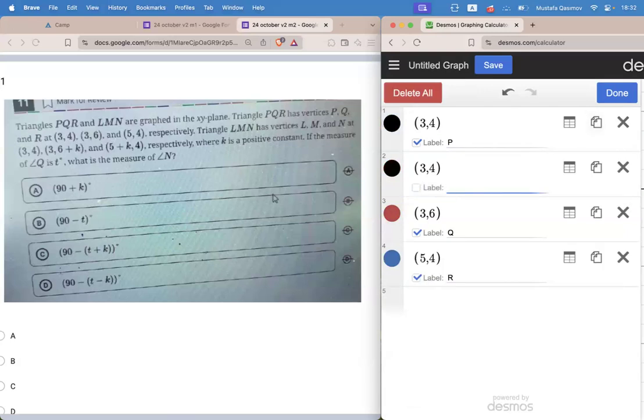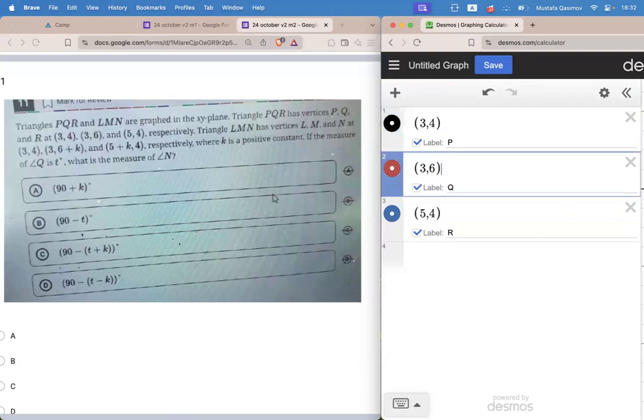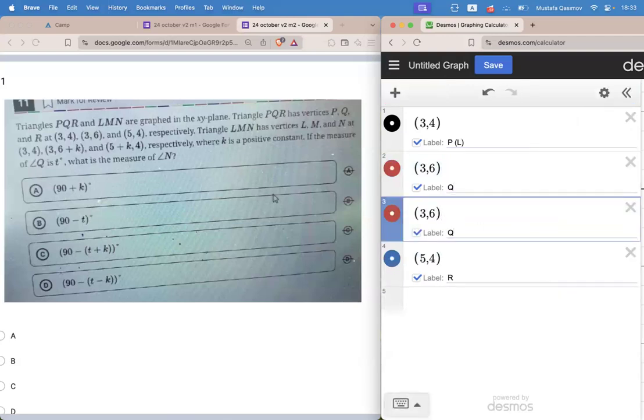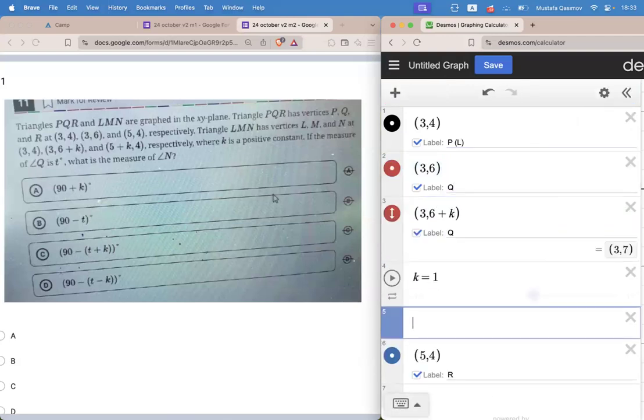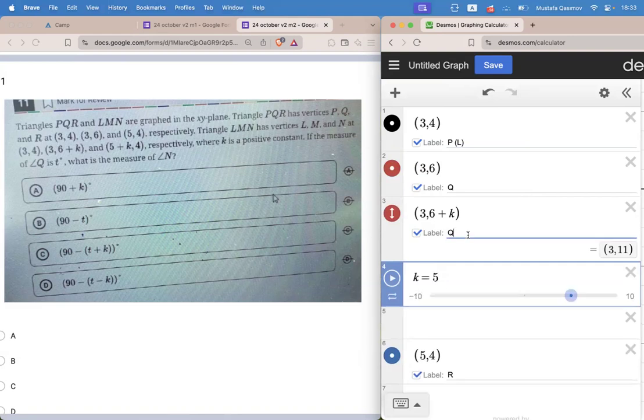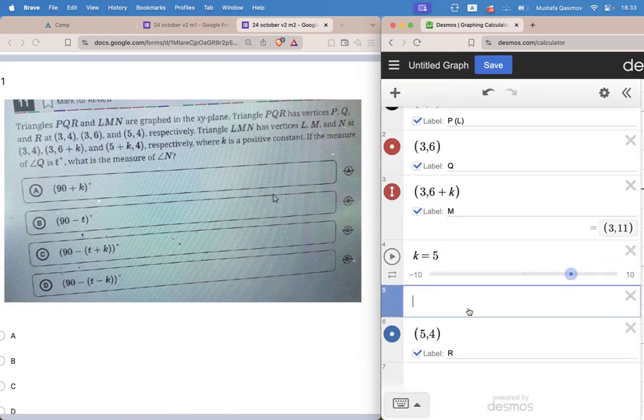It is also L. Let's write it like this. P and also it is L. We have 3 plus 6 plus K. It is M. Let's say K is equal to 10, for example. That or 5. And the last one we have N.